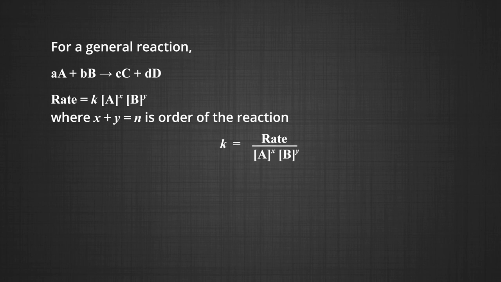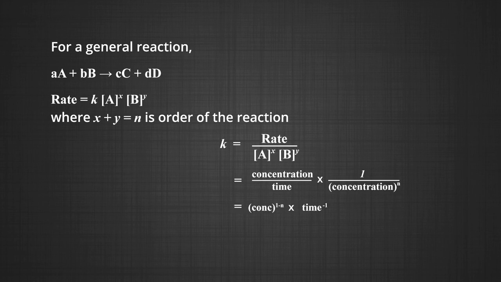Now, k equals rate divided by [A]^x [B]^y, which is concentration upon time into 1 upon concentration raised to power n. It will be equal to concentration raised to power 1 minus n into time raised to power minus 1.